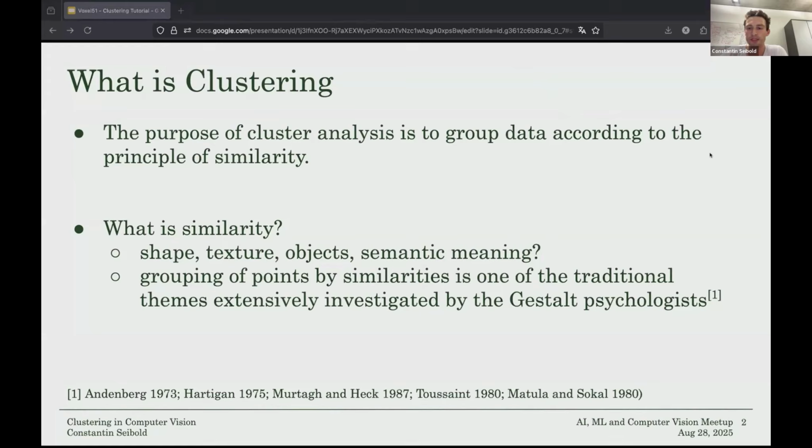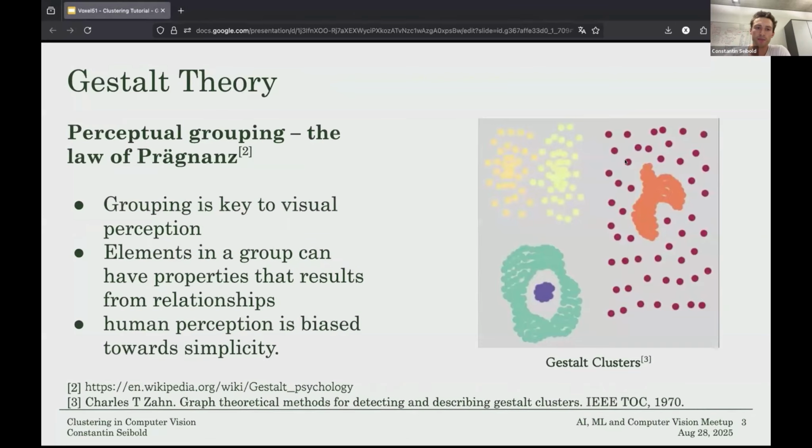This idea was first designed by Gestalt psychologists, who defined this at the end of the 19th century and the beginning of the 20th century: what are the concepts that the human mind perceives to group data together or group points together. And this is basically a key to visual perception. Elements in a group can have some properties that result from some form of relationship.